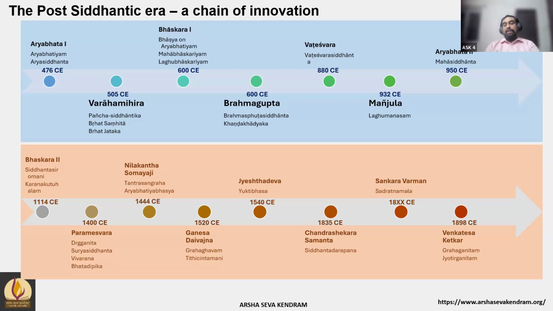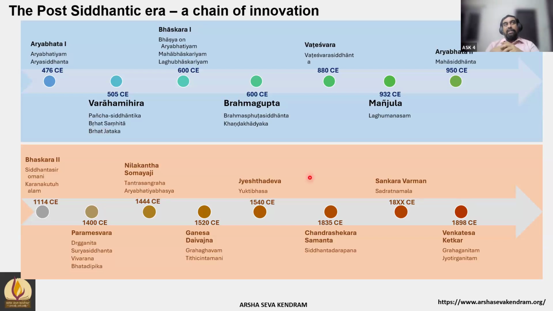And as we saw earlier, Pancha Siddhantika is a compilation of the different Siddhantas. Another magnum opus work of Varahamihira, or rather his actual magnum opus, is the Brihat Samhita, right?